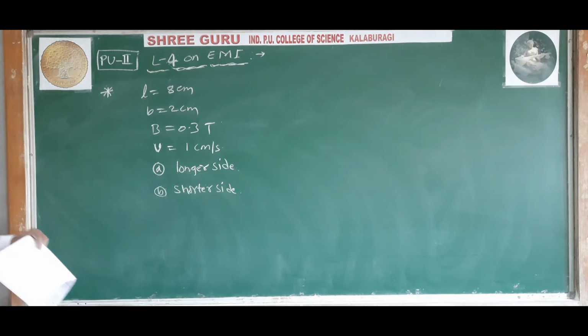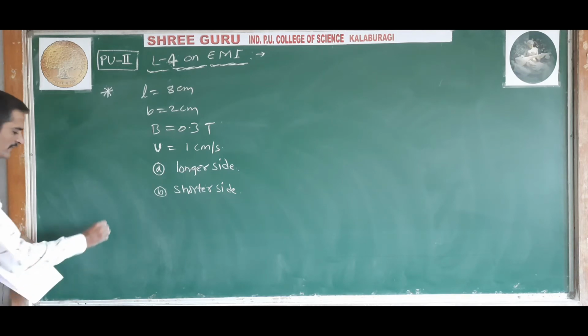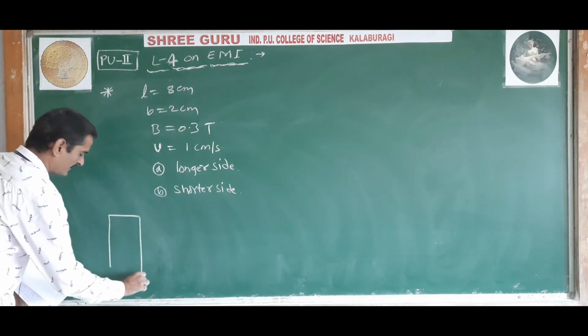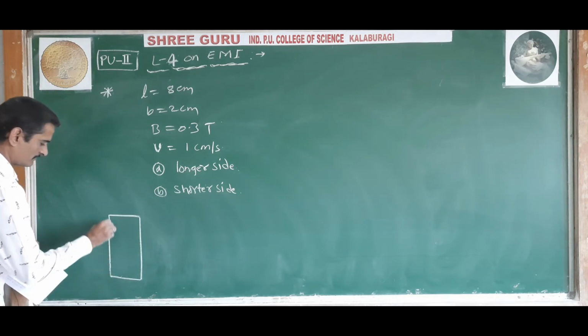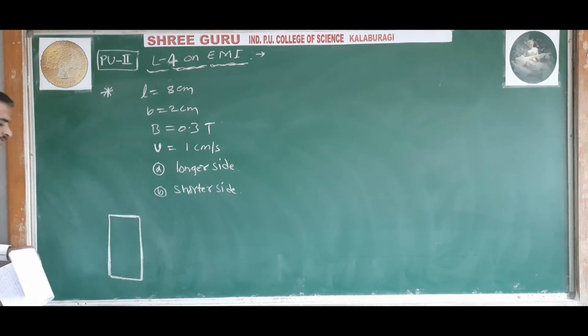Okay, read the question properly and I will try to draw the diagram so that it becomes a little easier to imagine. A rectangular wire loop of sides 8 cm and 2 cm. One side is 8 cm, another side is 2 cm. One is longer and another is shorter.